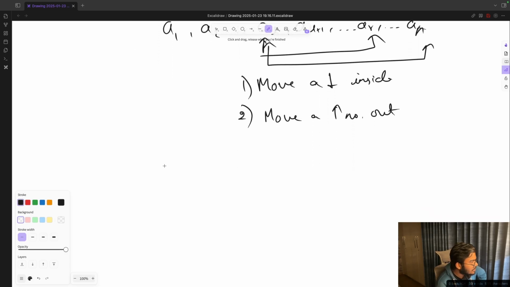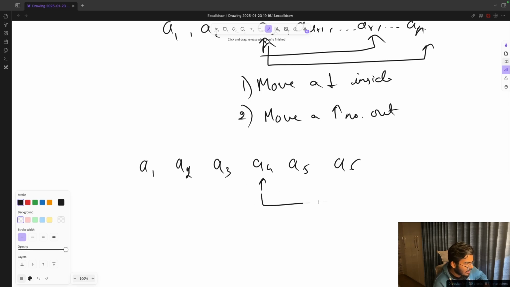Now let's take an example. Let's say you have A1, A2, A3, A4, A5 and A6, okay? And this is your segment, L to R. Or maybe we can take something odd, that will be a better example, A7.